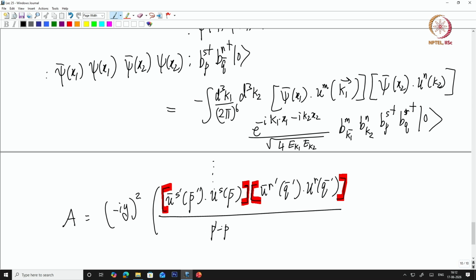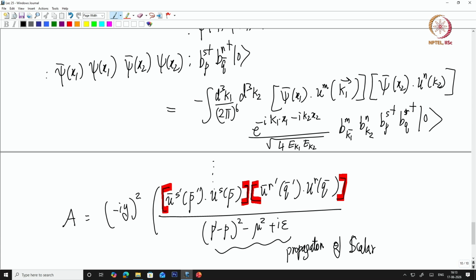divided by (p prime minus p) whole square minus mu square plus i epsilon. So this is the propagator of the scalar.